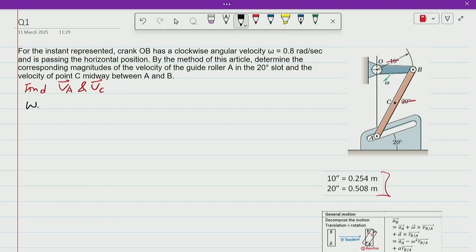We are given omega OB of 0.8 radian per second. However, counterclockwise positive, the omega is given to us as clockwise, so this is actually a negative 0.8 radian per second in a k direction. So that's another location where the problem can slip you up by simply flipping the sign.